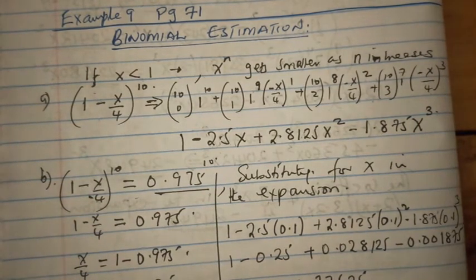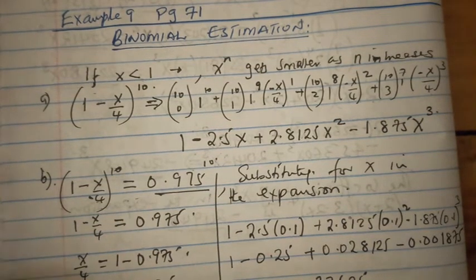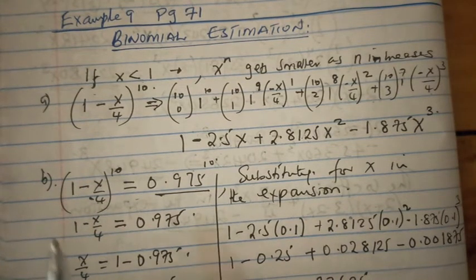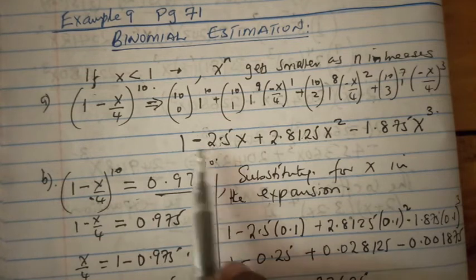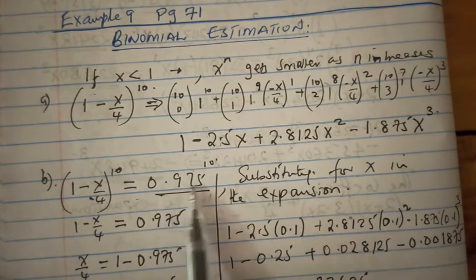Part B of the same question is: use your expansion to estimate the value of 0.975 raised to power 10, giving your answer to 4 decimal places. It goes without saying that using this expansion, we should find the value of 0.975 raised to power 10.